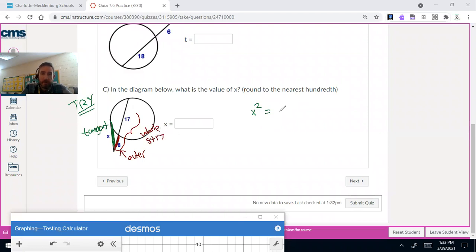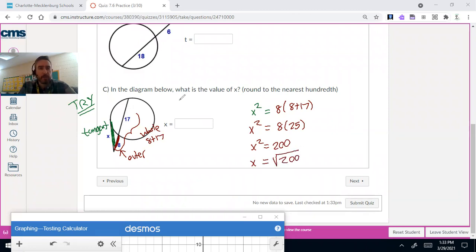So very, very much like the last one. 8 times 8 plus 17. 8 plus 17 is going to be 25. So x squared is 8 times 25, right? 4 times 25 is 100, so it'd be 200. And x is going to be the square root of 200. It says round to the nearest hundredth, so we're going to have to get a decimal for that.